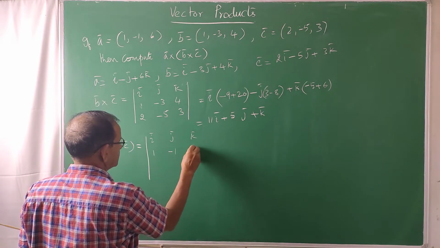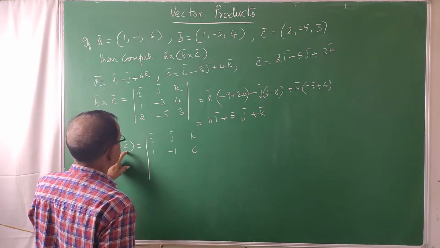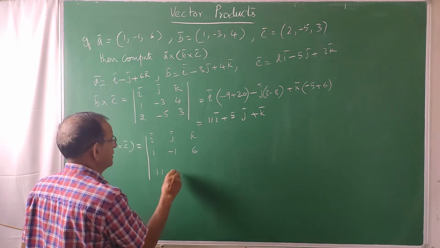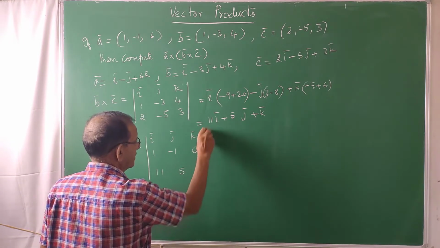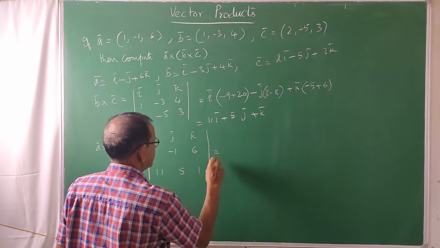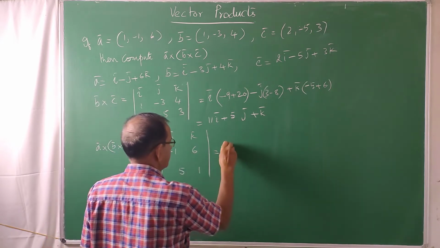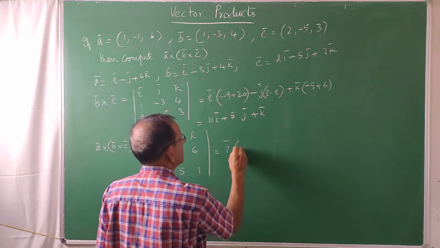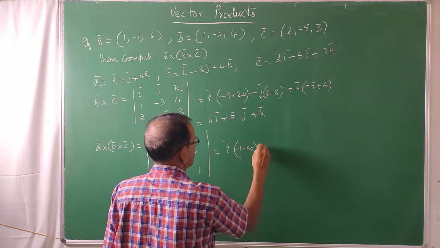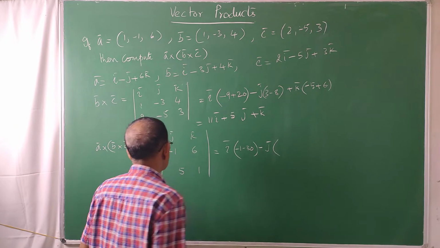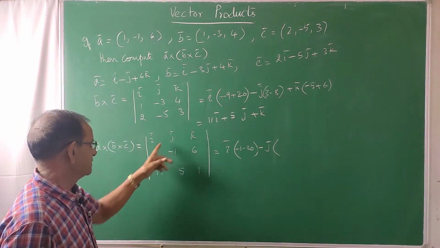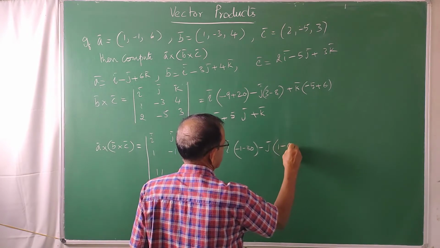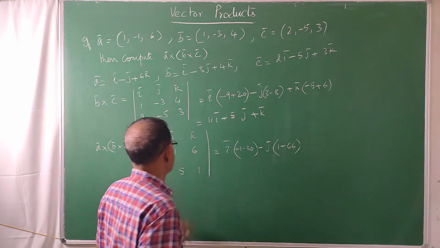Next B cross C components, 11, 5 and 1. Expand it: i bar into minus 1 minus 30, minus j bar into, delete the middle column and first row, 1 minus 66.